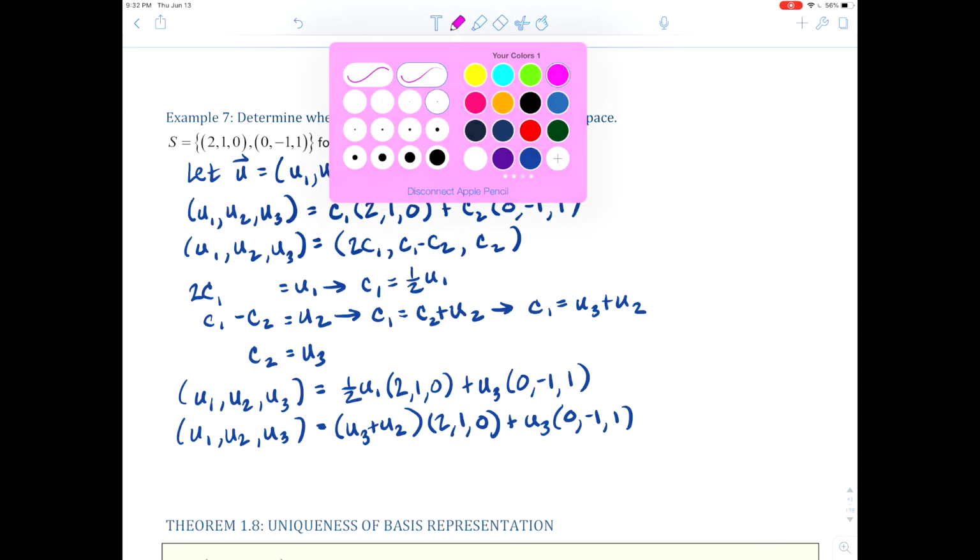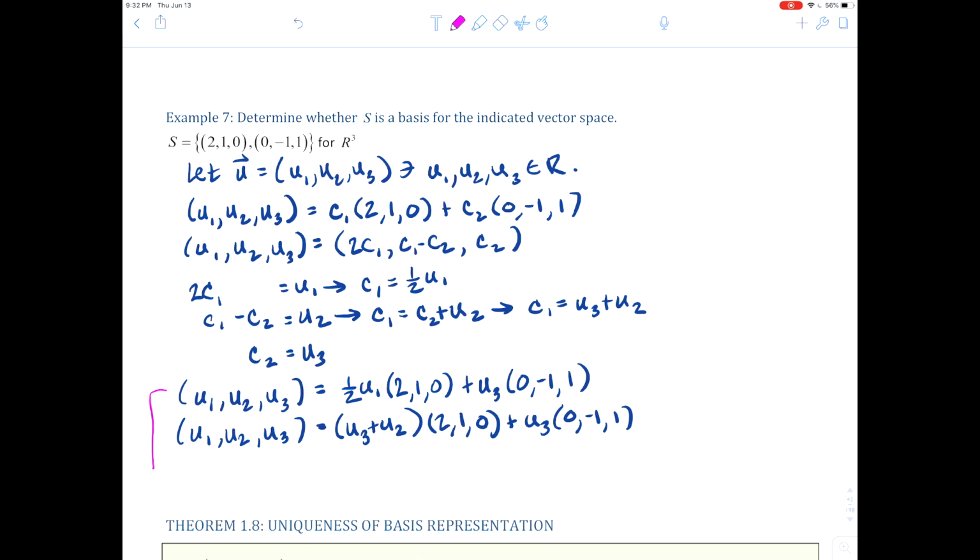So let's check it out. Why don't we let U equal to (1, 2, 3), okay? So U1 is 1, U2 is 2, and U3 is 3. So does this equal 1/2 times 1, which is 1/2 times (2, 1, 0), and then U3 was 3, so plus 3 times (0, -1, 1).